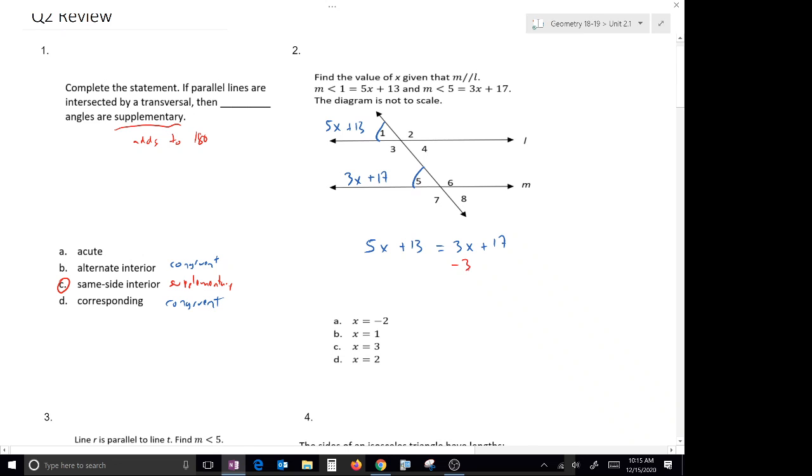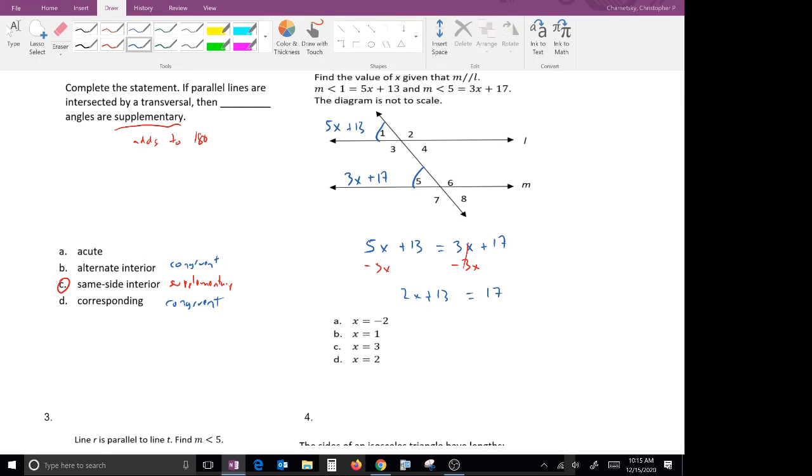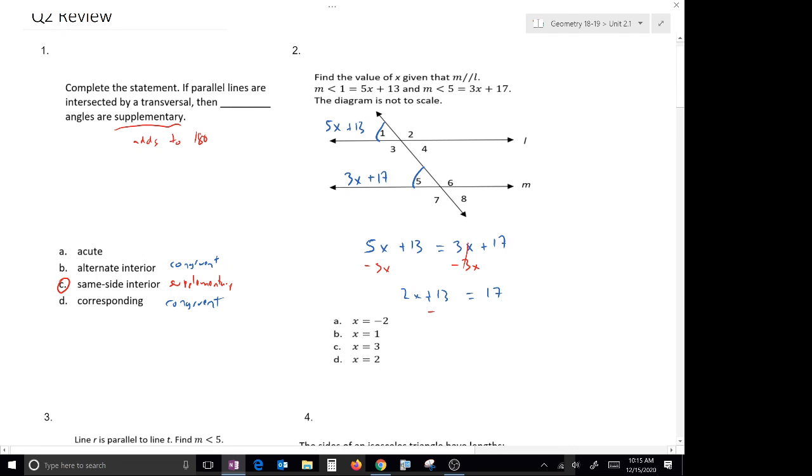Okay. Subtract 3x from both sides. 2x plus 13 equals 17. Go ahead and minus 13.